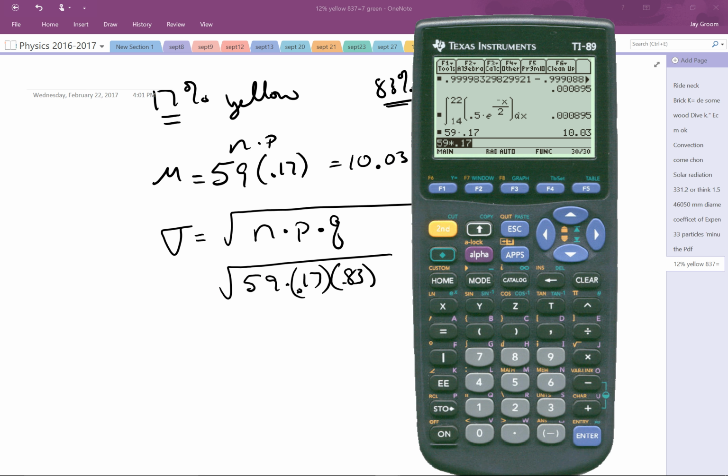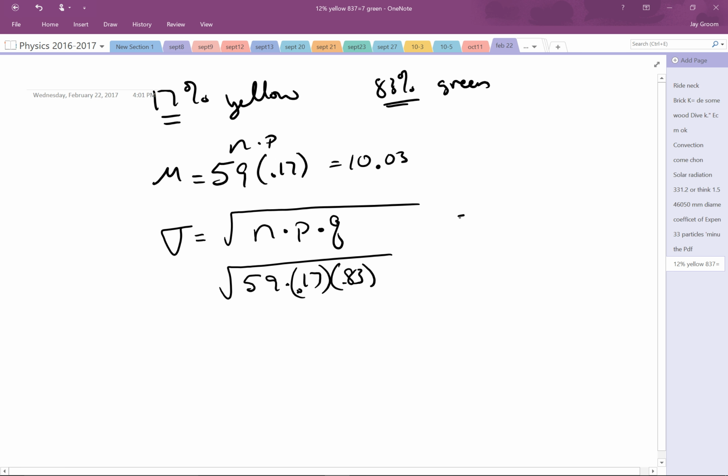So if you're smart, there's np already, just times that by 0.83, and there's your variance, and then square root that. And there's your standard deviation, 2.885. Okay? And of course, to 2 decimal places, that'd be 2.89. It says to at least 2 decimal places, so you're good there.